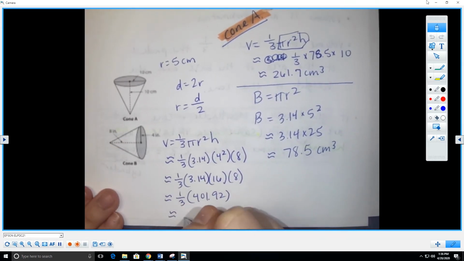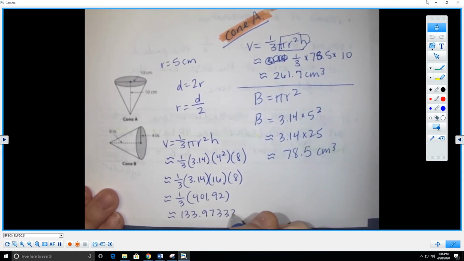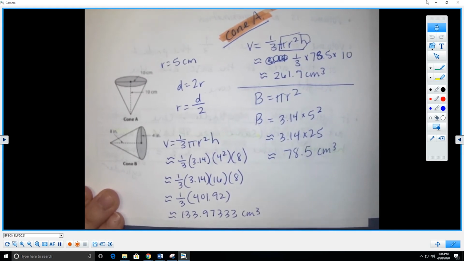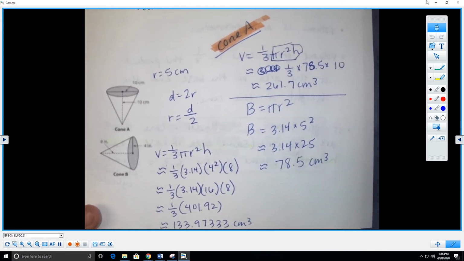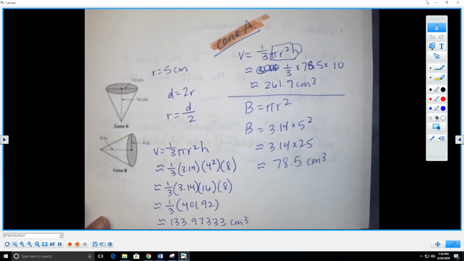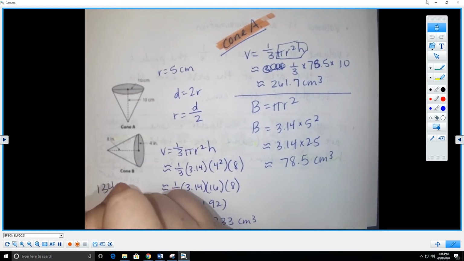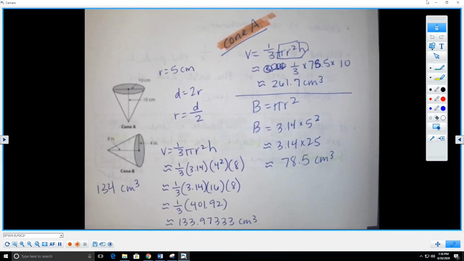And finally, that's going to be 133.97333 cubic centimeters. So if we round this to the nearest tenth, our answer is 134 centimeters cubed for the volume of cone B.